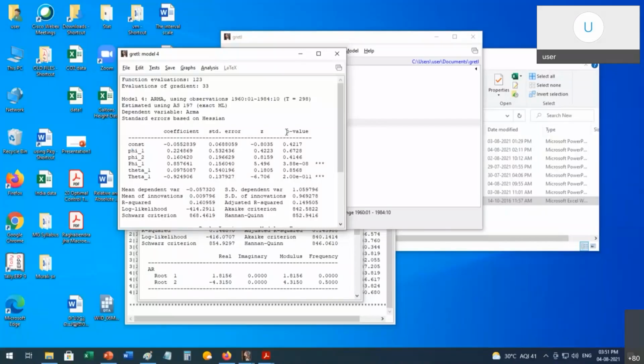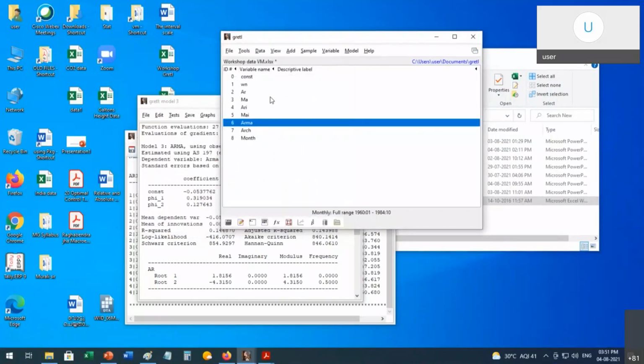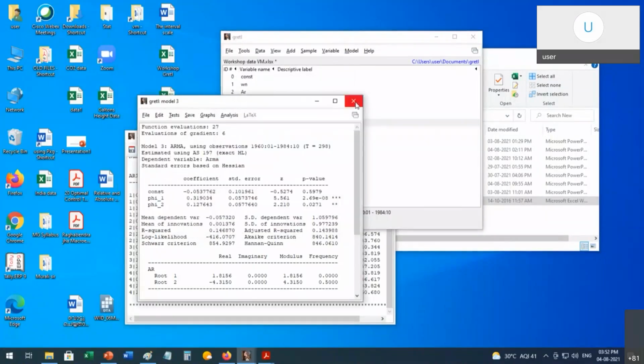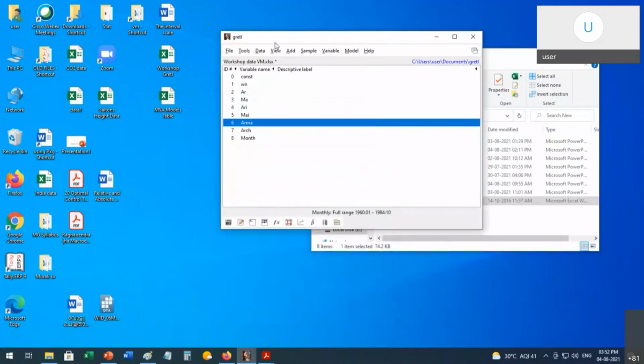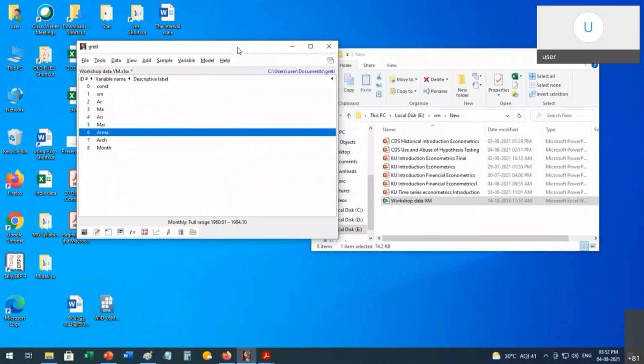So shall we turn to co-integration? Everybody okay? I'm closing this. Now for co-integration, I am taking another sheet, that is our earlier consumption, income, inflation.